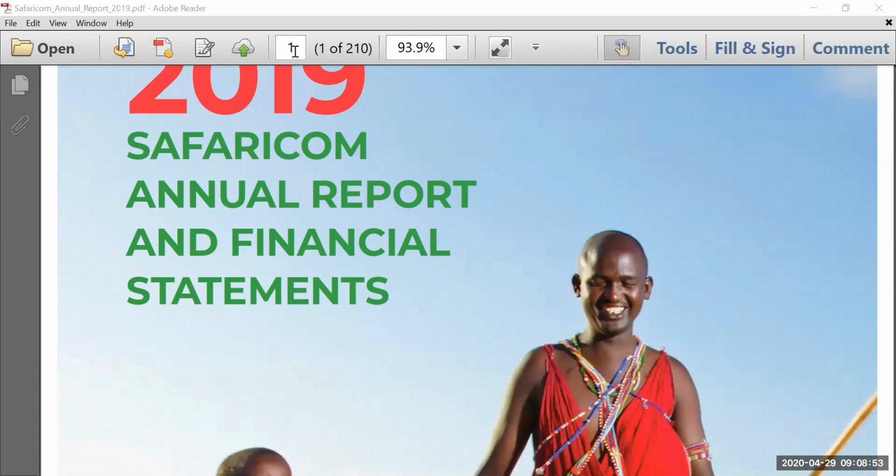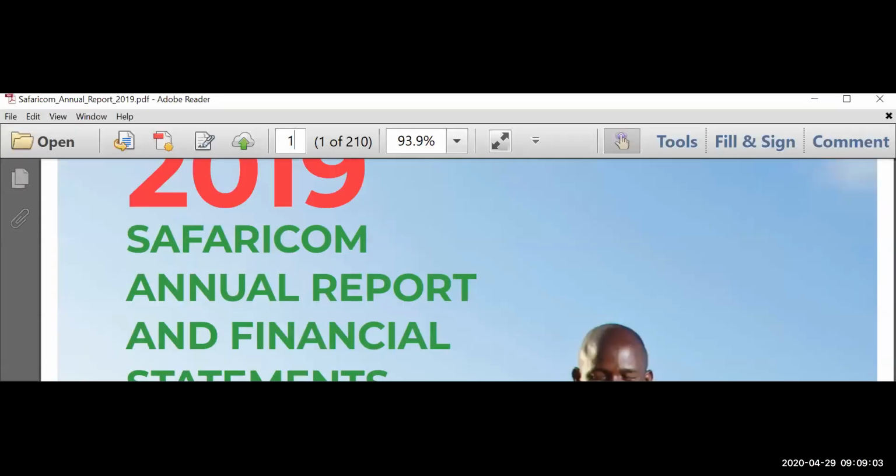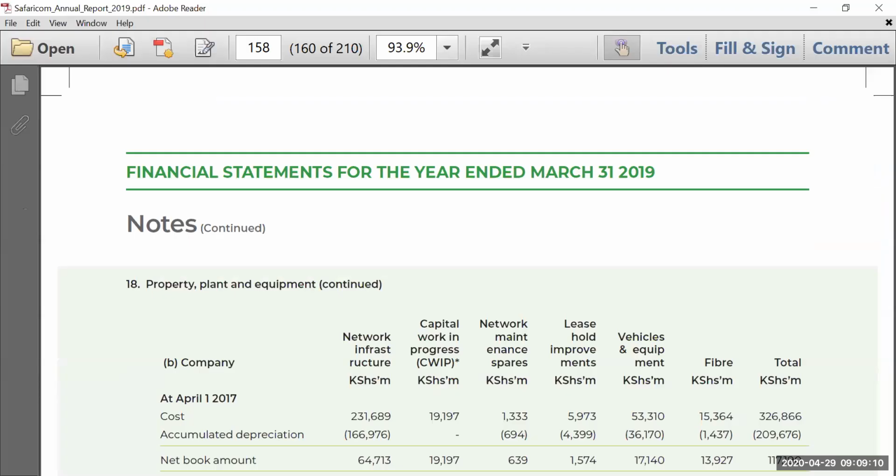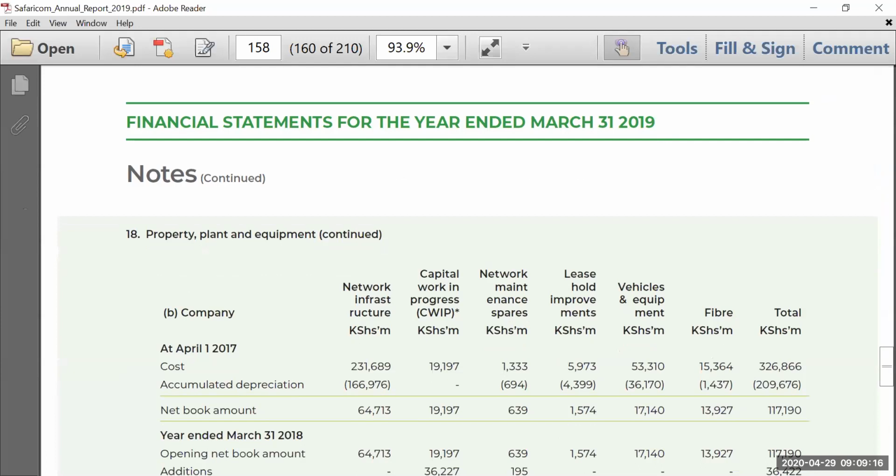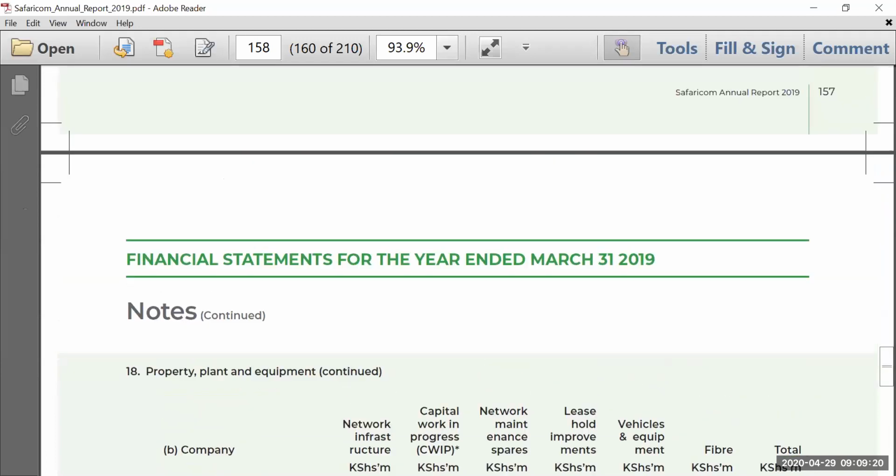Okay, so I wanted us to check on this. These are the accounts for Safaricom with regard to their PPE, their property, plant, and equipment.